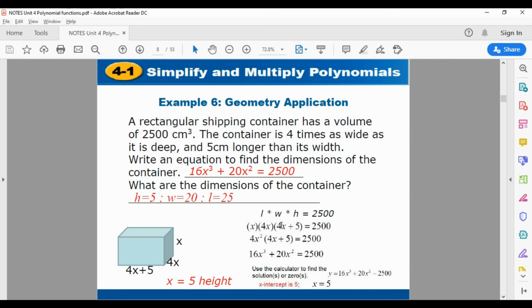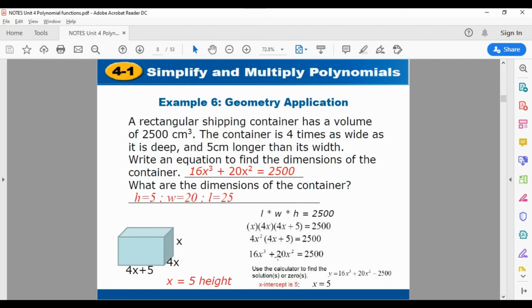The length is 5 centimeters longer, so there's your plus 5, than the width, which is 4 times x. So that's where the 4x plus 5 comes into play. You can multiply all of these together. So x times 4x is the 4x squared here, times this other binomial. You get 16x cubed plus 20x squared.